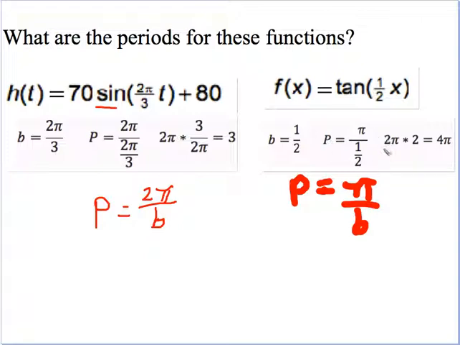So I have to erase this 2 here, and that's going to change this period length. So for this one, the period is pi divided by b, or 1/2. I have a fraction and a fraction. Well, the reciprocal of 1/2 is just 2. So your final answer will be just 2 pi.